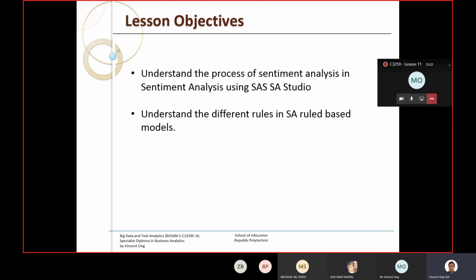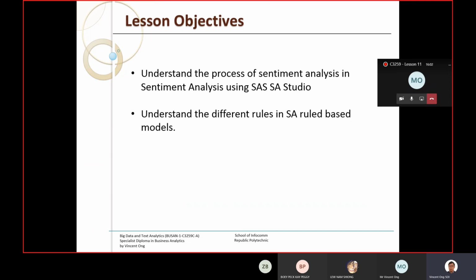Okay, so what I plan to do tonight is basically to focus on the second approach towards sentiment analysis, which is the rule-based. In sentiment analysis, after the lecture last week, basically the mining of sentiments within the text, we know that this can be very subjective, because we need to understand the context before we can analyze whether the sentiment is positive or negative.